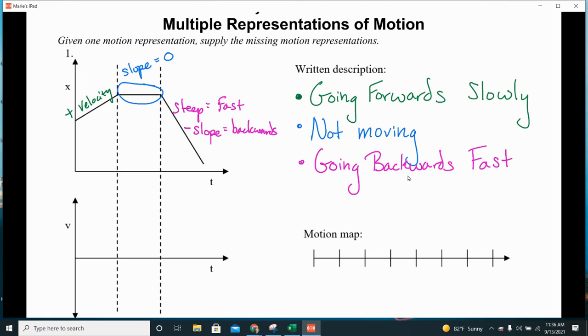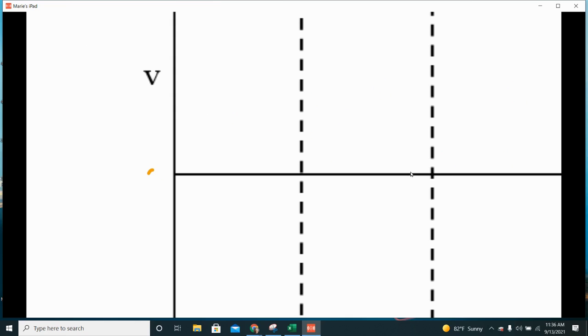The next part of this is then my velocity versus time graph. So on a velocity versus time graph, how far up you are is what determines how fast you're going. So this makes sense because if I take my velocity versus time graph and I put a 0 here, it goes 1, 2, 3, 4, 5.